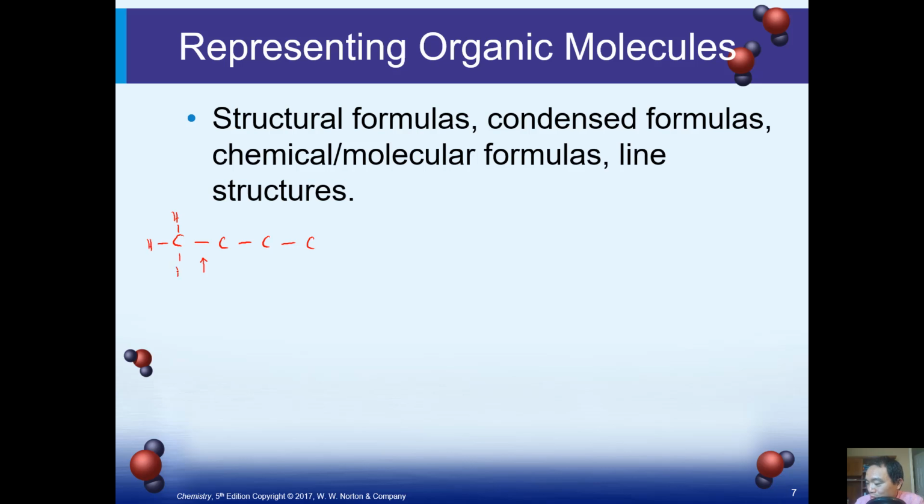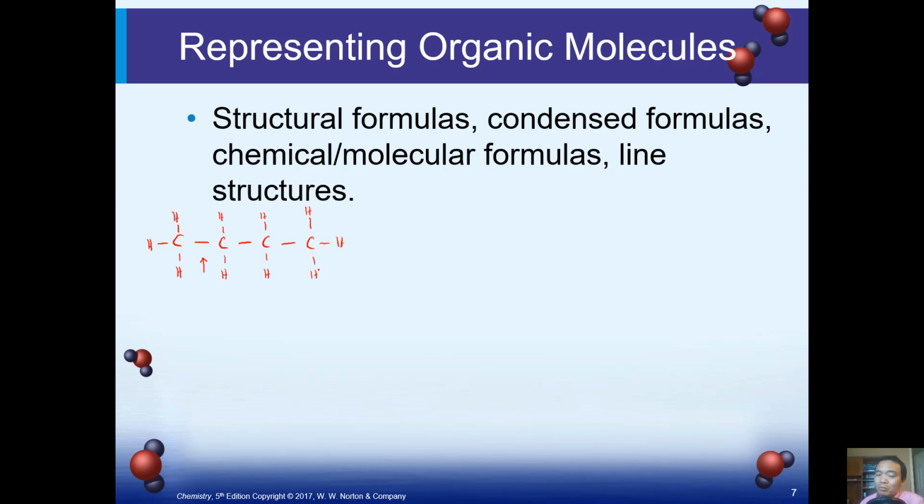You use hydrogens to do that. For the second carbon, you have 2 single bonds, one on the left, one on the right, so you have 4 total, so you need to put in 2 hydrogens. The third carbon is the same way. You need 2 more hydrogens to satisfy the tetravalency of carbon. The terminal carbon on the right side needs 3 more hydrogens.